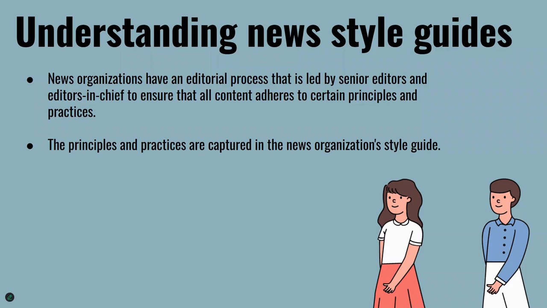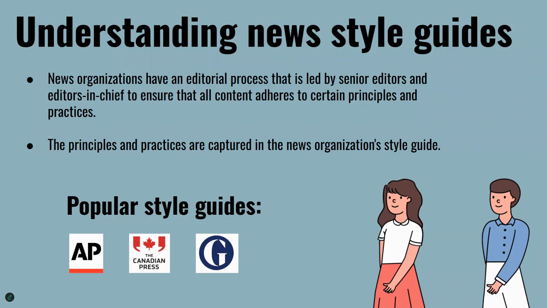Every newsroom is different. Some popular style guides include Associated Press, Canadian Press, and The Guardian. Most news organizations overlay their own styles on these guidelines. In the video description, I have provided a link to Guardian's online style guide.